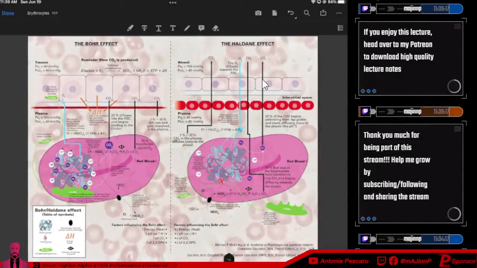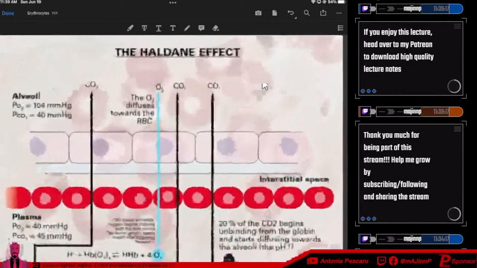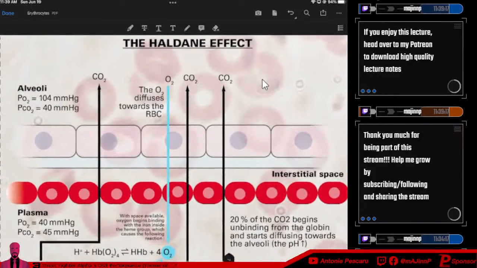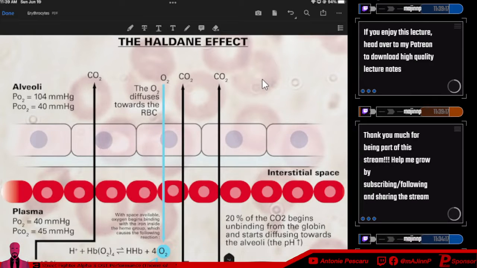First of all, we're going to start with the Haldane effect. Usually, the way it's explained is that the Haldane effect triggers the Bohr effect, and the Bohr effect triggers the Haldane effect. But usually they separate it in two pieces.